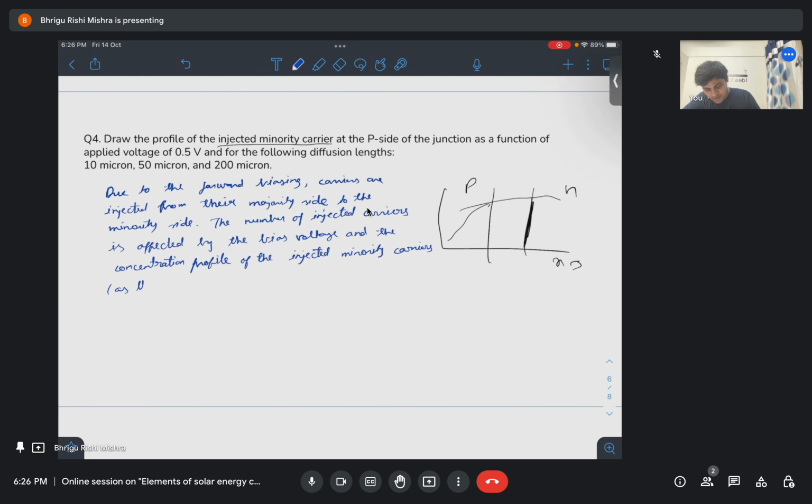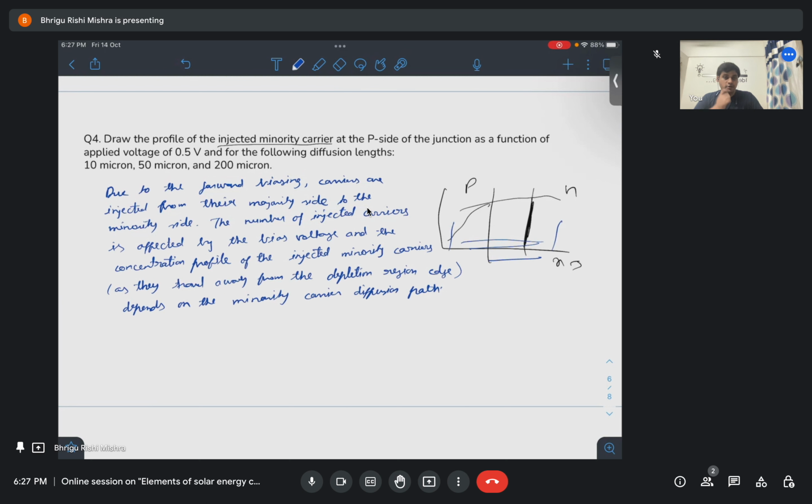Okay, as they travel away from the depletion region edge, and this depends on the minority carrier diffusion path, this path from this side to this side, that also depends.